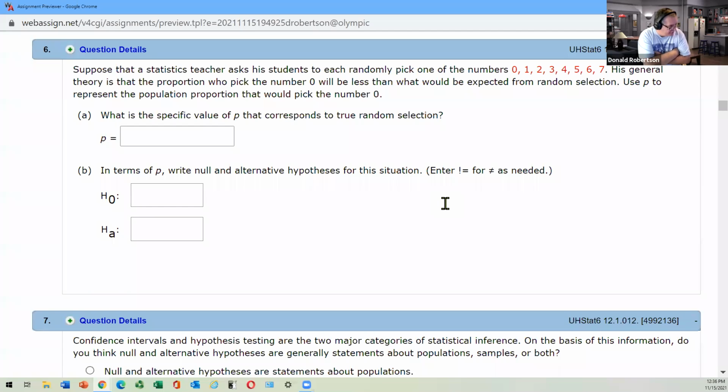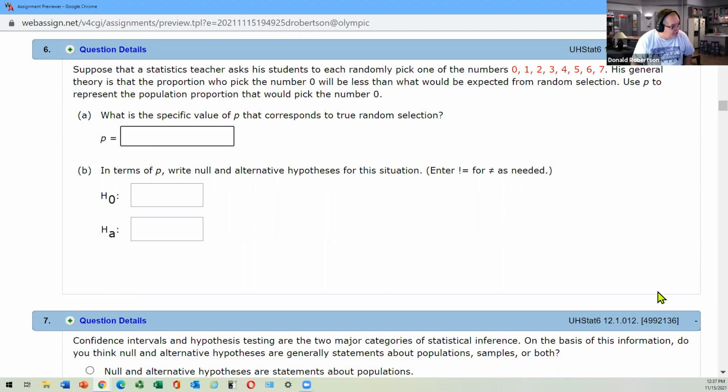Suppose a statistics teacher asked his students to each randomly pick a number from 0 to 7. His general theory is that the proportion who pick the number 0 will be less than what you would expect, right? Just by randomness. Use P to represent the population proportion that would pick the number 0.